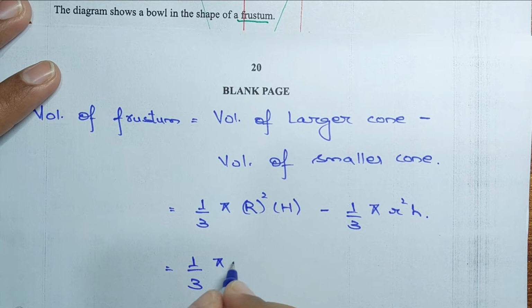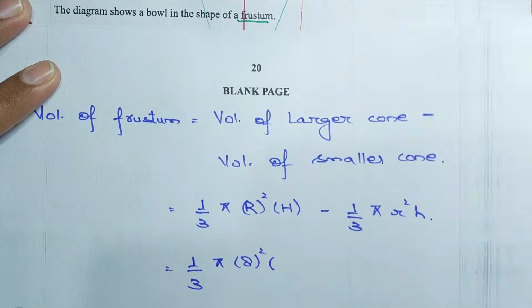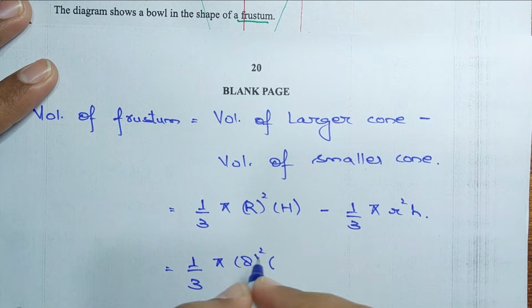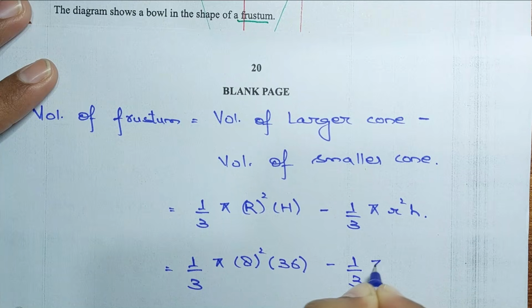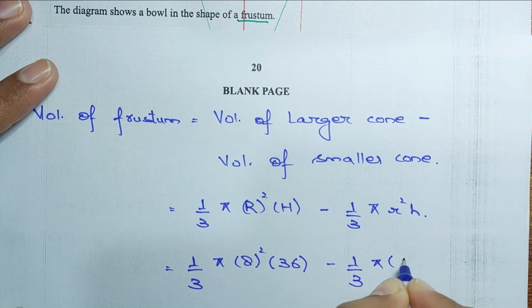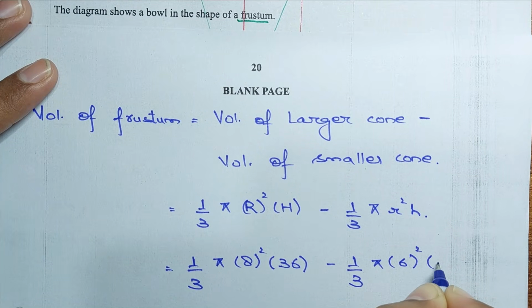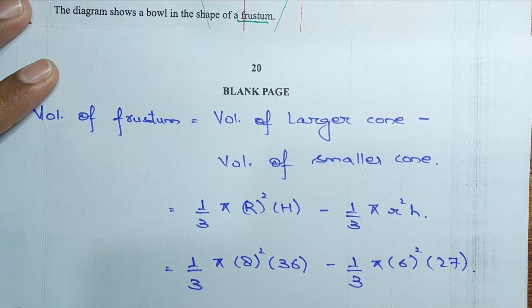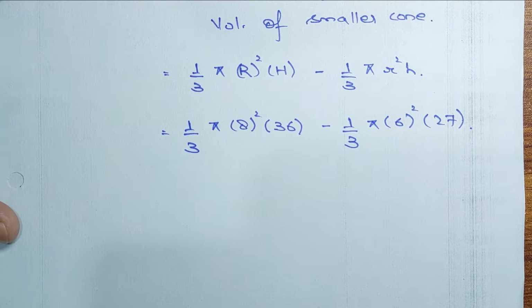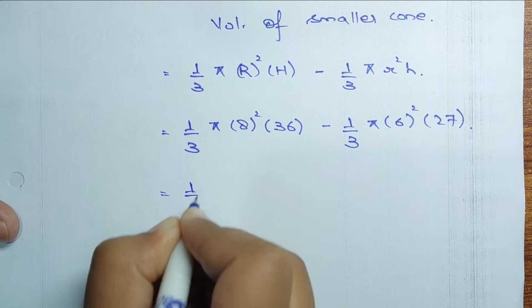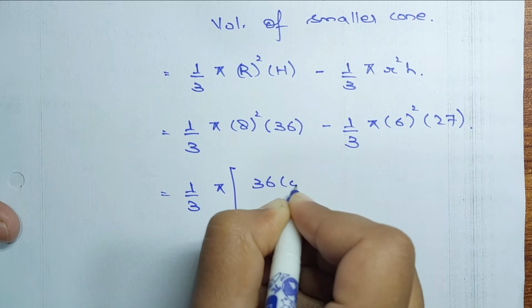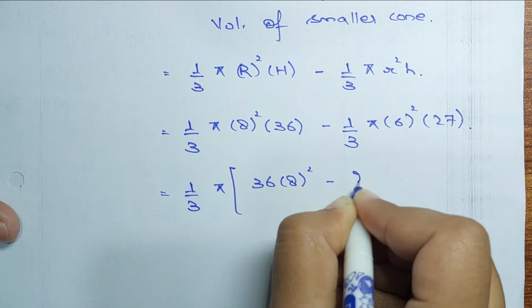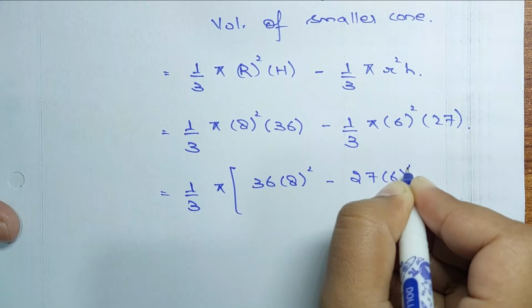The radius is 8 and its height is 36, minus 1 by 3 pi, the radius is 6, and the height is 27. Okay, for the simplification, let me take 1 by 3 and pi common. We are left with 36 into 8 square, and here we are left with 27 and 6 square.